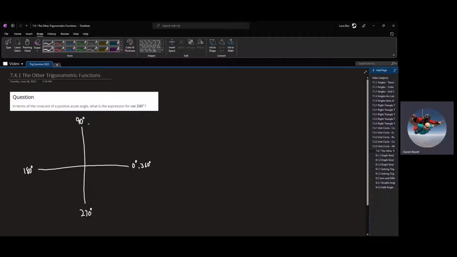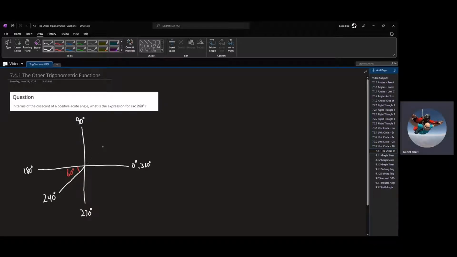Okay, so the first thing I would do is let's go ahead and draw our angle 240 degrees. This angle here has a reference angle of 60 degrees.